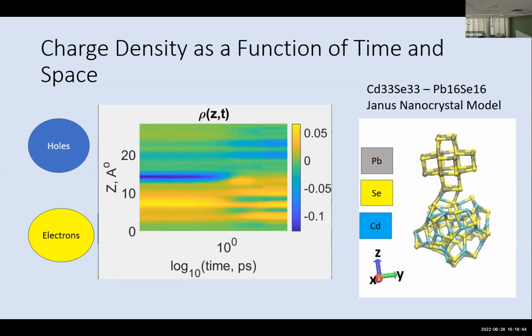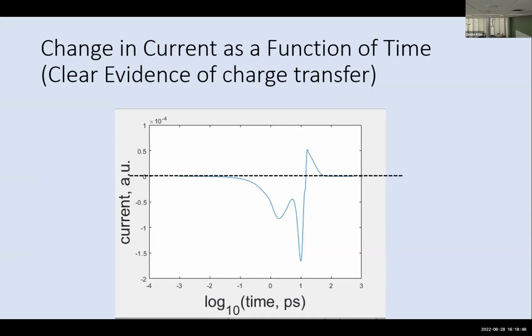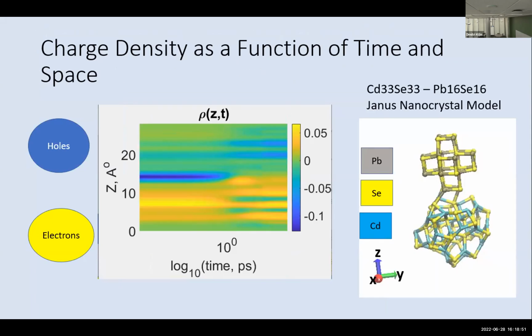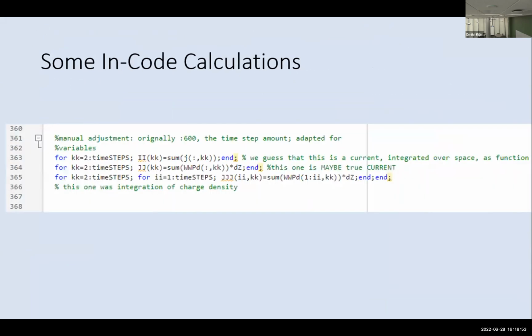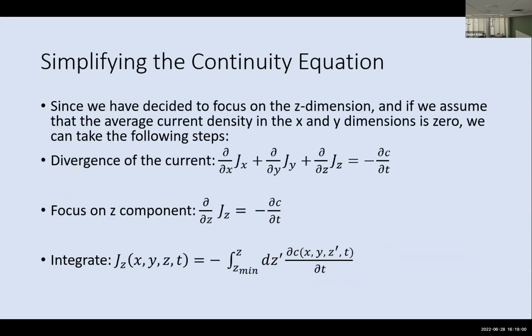Could you go a couple of slides back, to before the code? Yeah. Could you go over why we can drop our X and Y terms? I think in part, we are focusing on the distribution with respect to the Z-axis.